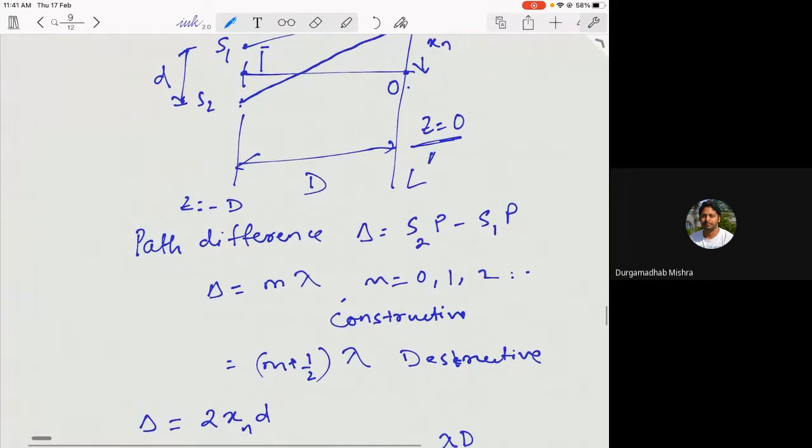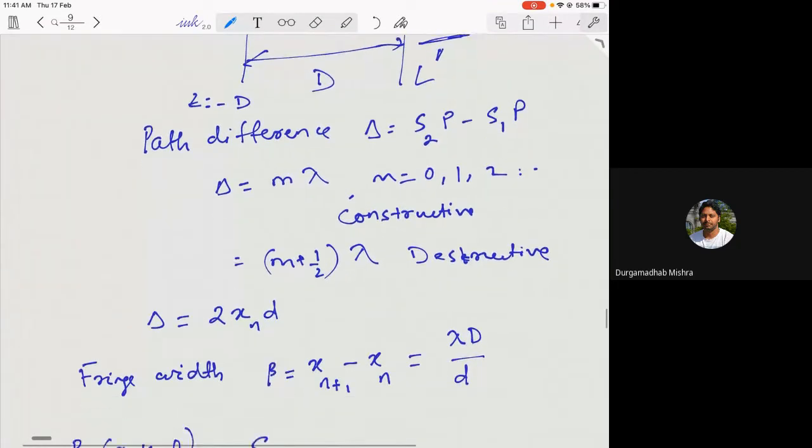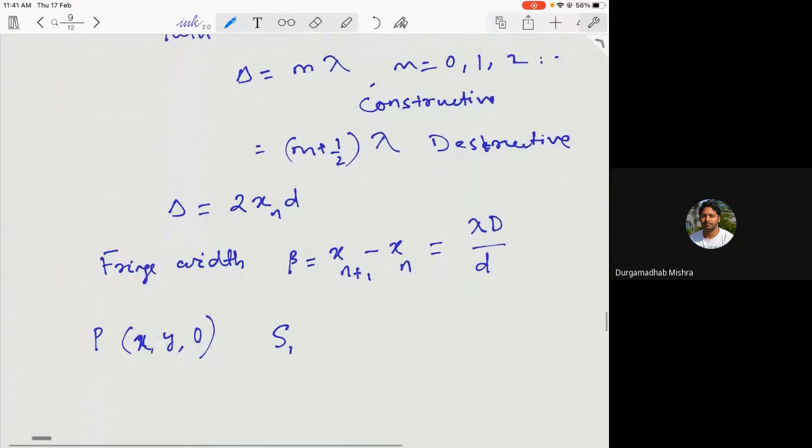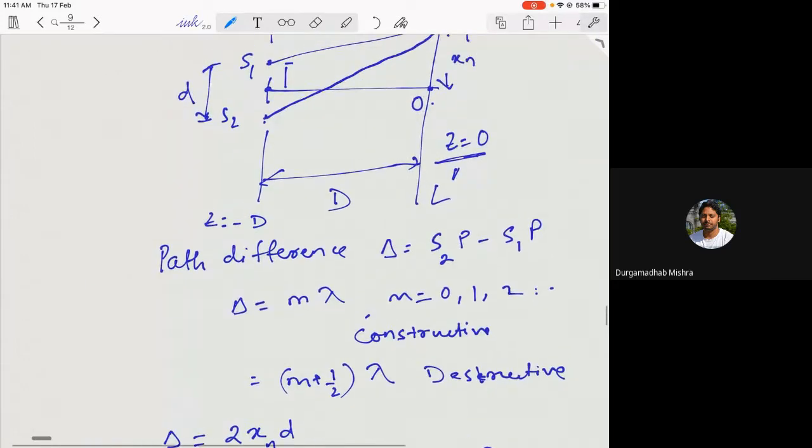What are the X and Y coordinates? Assume that X is equal to 0 and Y is equal to 0 at the origin, the midpoint between the sources. This is 0, 0.